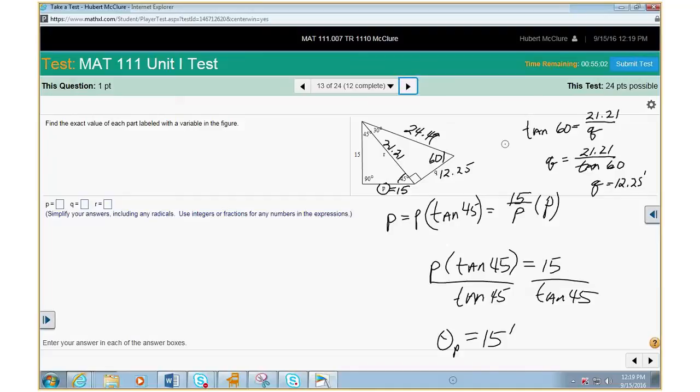And is that everything I asked you for? P, Q, and R. Really, you didn't have to do that first, right? You could have just told me it was really 15. Yeah, you could have assumed that because of 45.